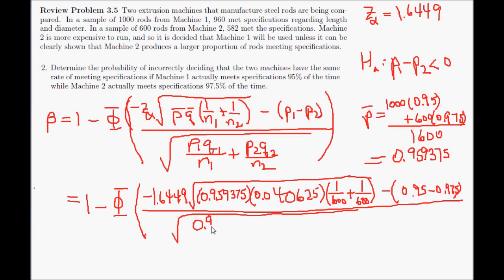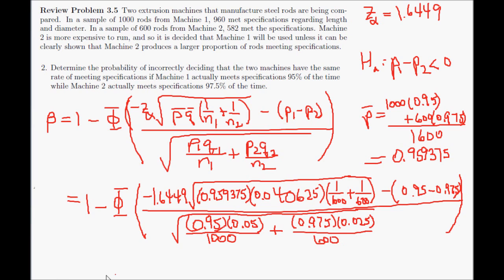0.95 is my assumed value for P1 times 0.05 divided by the sample size of 1,000 plus 0.975 times 0.025 divided by 600, and close parentheses.